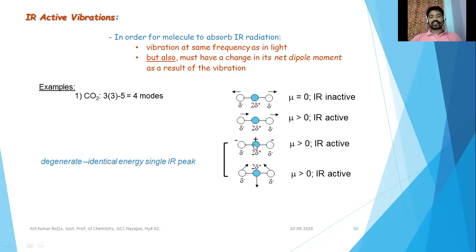During this bending vibration, the middle carbon atom is coming up to the plane, whereas the bonded oxygen atoms are going down to the plane. It causes a change in the net dipole moment of the molecule, so it is also IR active. Here also one more bending vibration is performed by the molecule, where the dipole moment is greater than zero. This band is also IR active.